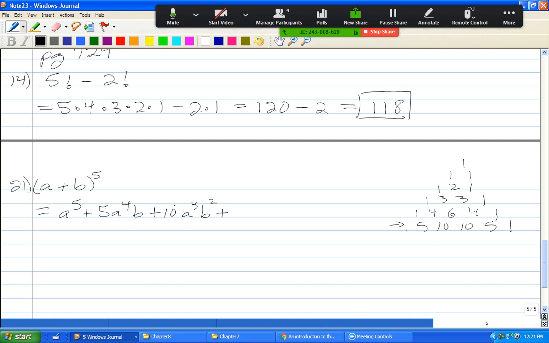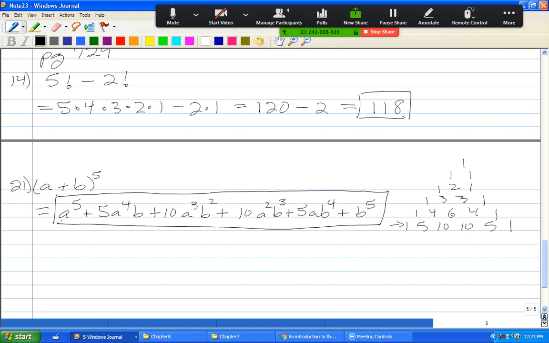Plus 10 a to the second b to the third, plus 5 a to the first b to the fourth, plus 1 a to the 0 b to the fifth. And that is your expansion using Pascal's triangle.